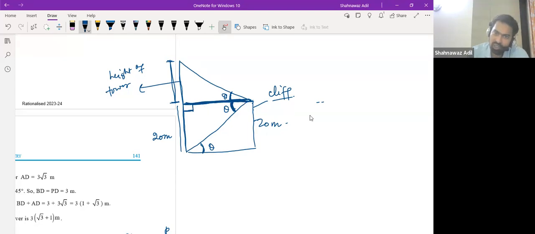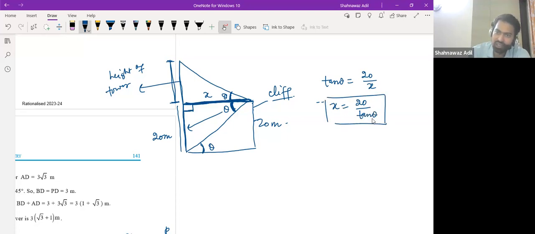Let's say I have this distance, which is 20 meters, and this is my theta. So this is perpendicular, this is the base. So tan theta would be perpendicular 20 by base, and let's say this is x. So my x would be 20 by tan theta. But I wrote 20 tan theta, right?